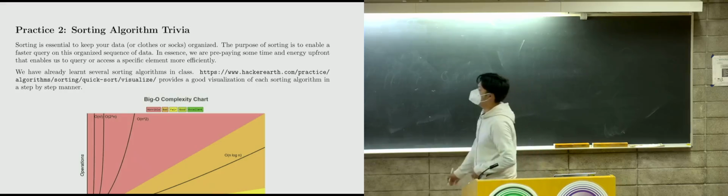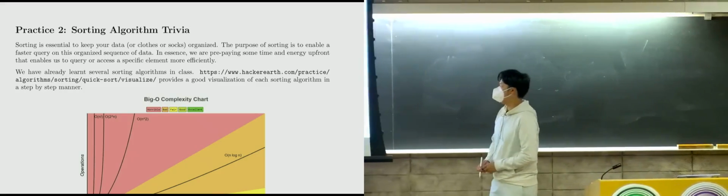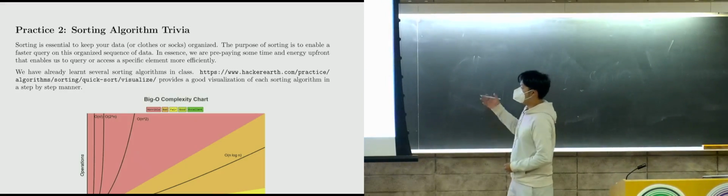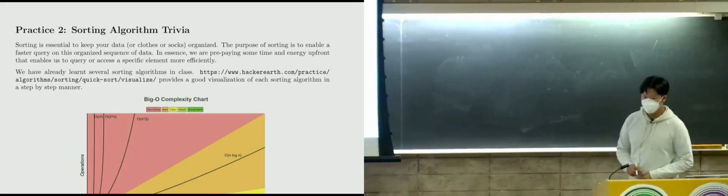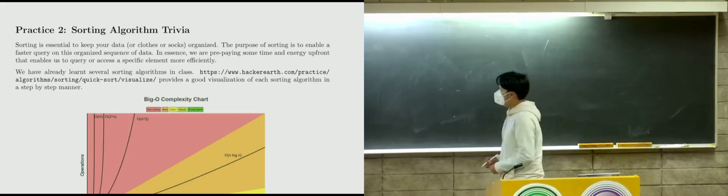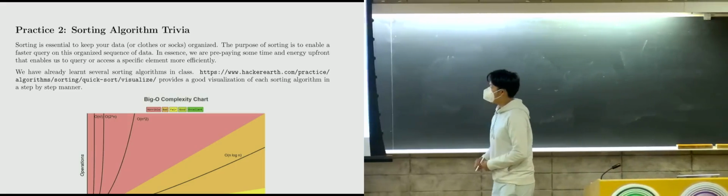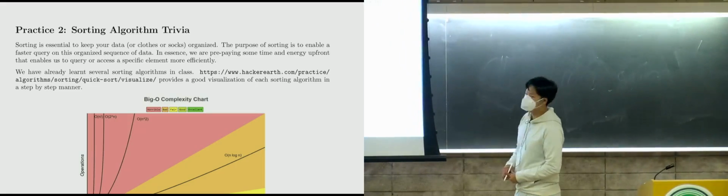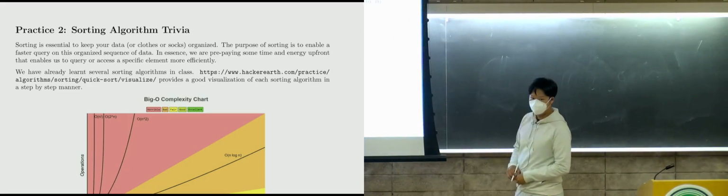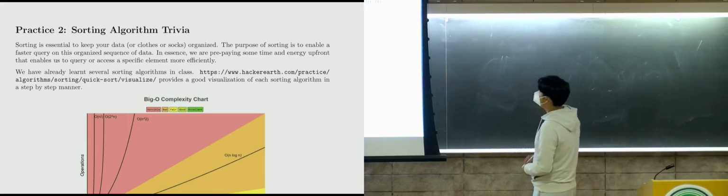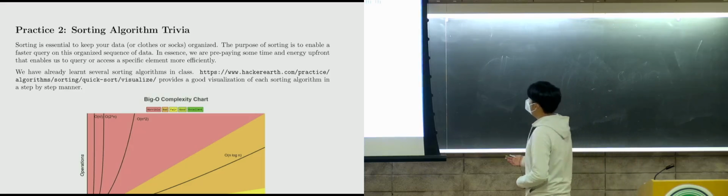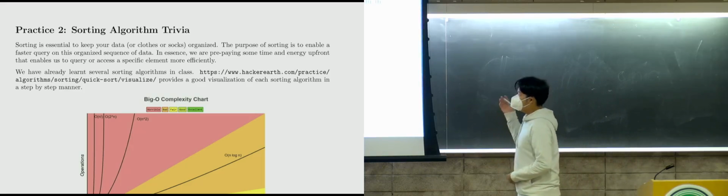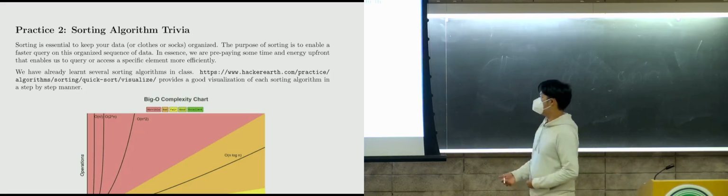So right now we come to practice number 2, the sorting algorithm trivia. Sorting algorithms are the one major topic that you are learning this week. Sorting is essential to keep your data or belongings organized. And the purpose of sorting, I want you to really think about this, is to enable faster queries on this organized sequence.